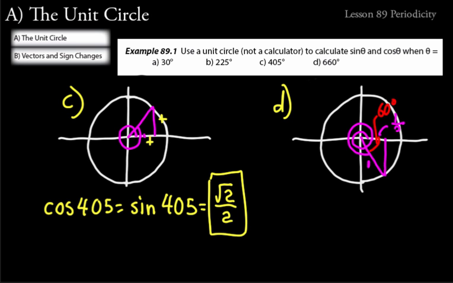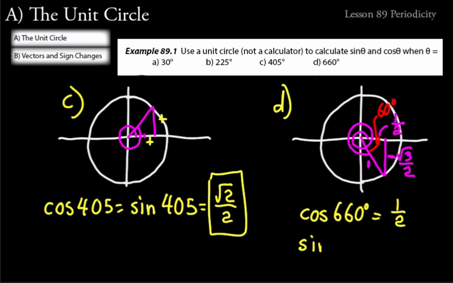Cosine 60 is 1/2. Go look at your chart at the beginning of the lesson in the reading assignment. Sine of 60, and this is going to be minus, right? Because it's below the x-axis there. That's going to be minus square root of 3 over 2. So cosine 660 equals 1/2.